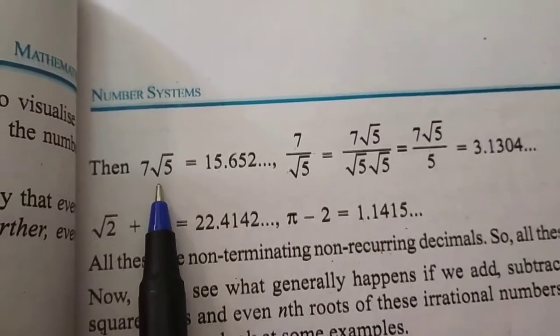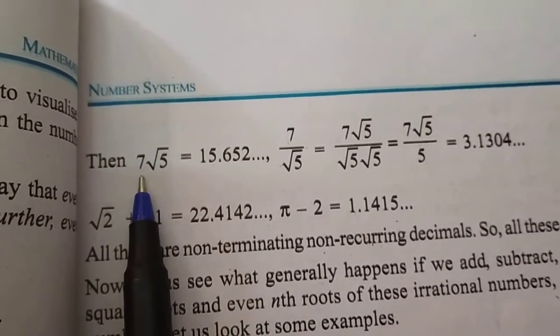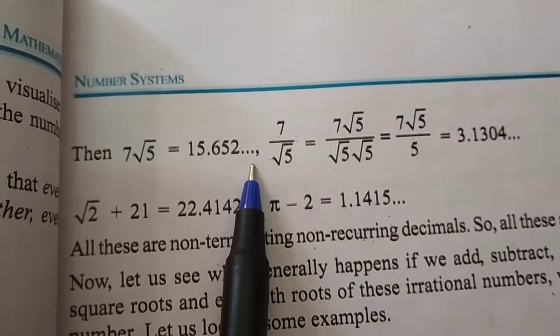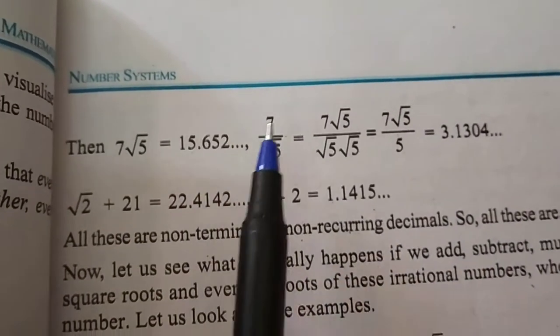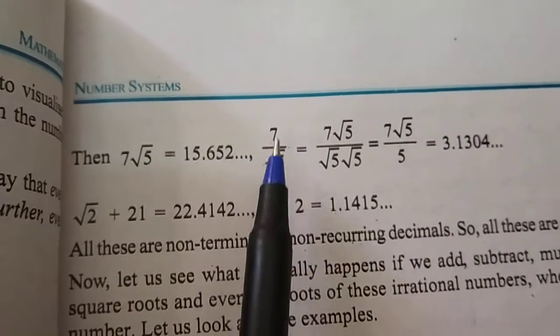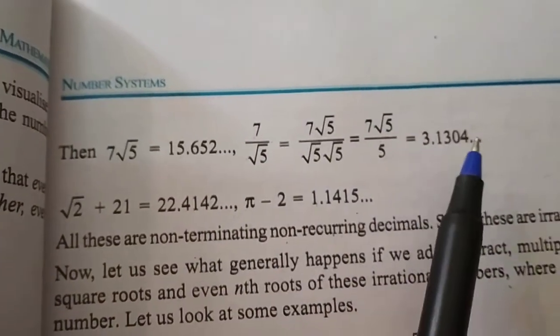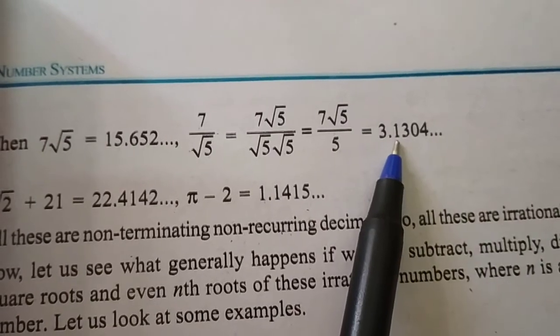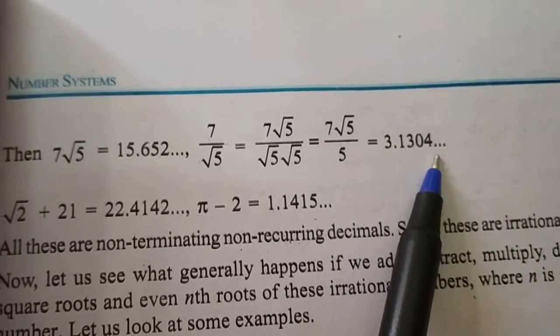So if we multiply a rational number with an irrational number, we always get an irrational number. In the same way, if you divide a rational by an irrational, that will also be an irrational number, meaning a non-terminating, non-repeating term only.